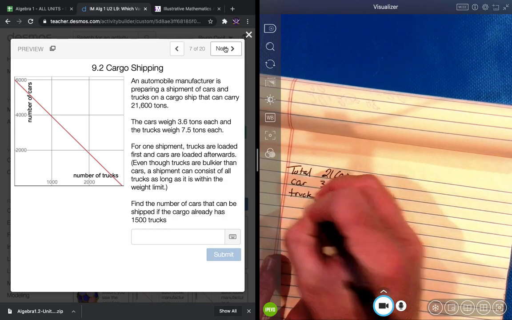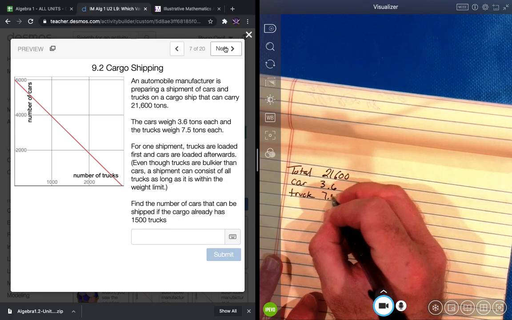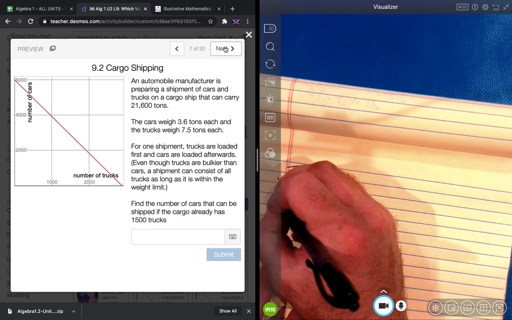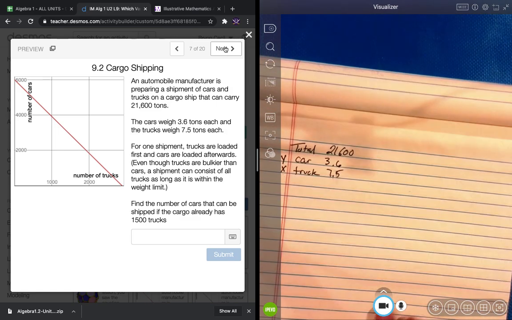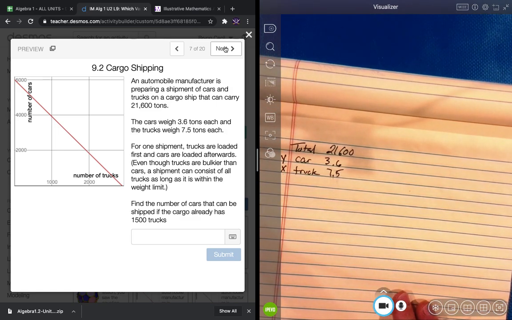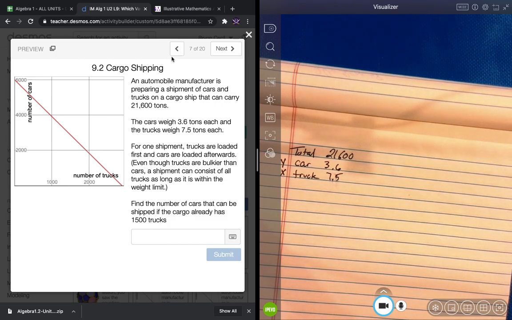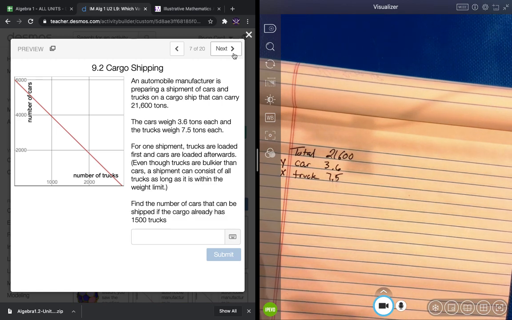Our truck is 7.5. We wanted to say that this was Y and this was X for shipment. Find the number of cars that can be shipped. So, the last question, guys, we did this if there were already 480 trucks. So now we're going to say, what if there are 1,500 trucks?